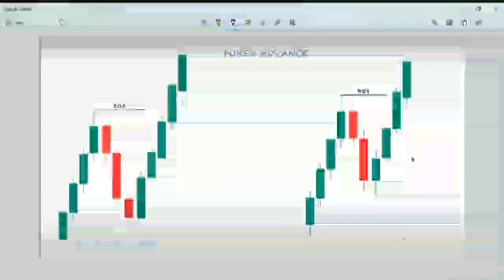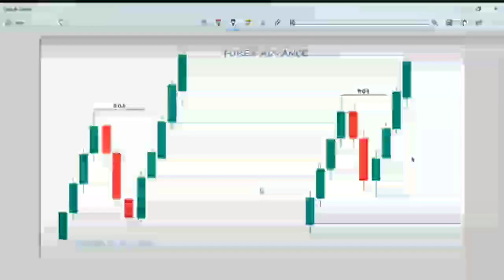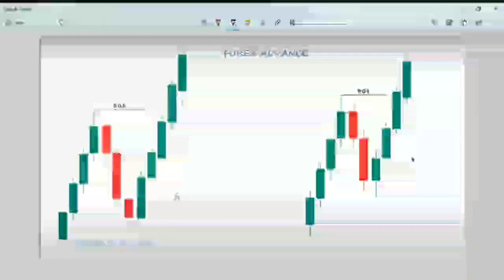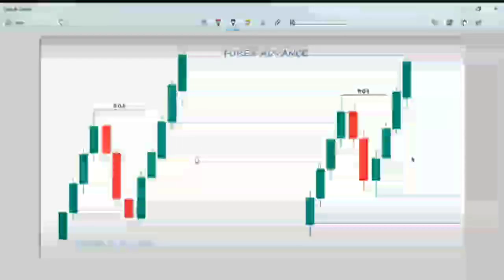So friends, let's start the video with the definition of today's topic. What is order block? Guys, if there is a bullish trend and after break of structure, the last selling candle from where the market has taken the momentum and it continues its trend, that specific candle is our order block.